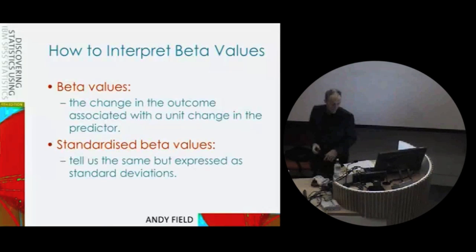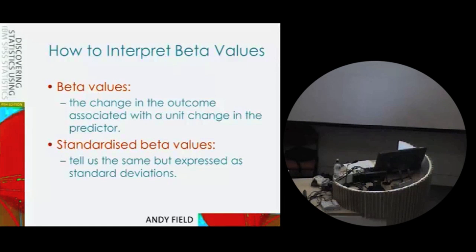We can also standardize these parameters, and that can be a useful thing to do because it gets rid of this whole issue of units. So what a standardized beta value gives us is the same thing. It's the relationship between the predictor and the outcome, but it's a bit like a z-score. It's expressed in standard deviation units.